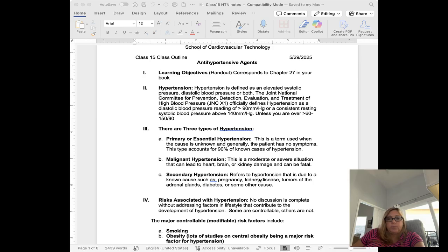Pregnancy: we do know blood volume increases during pregnancy, and we will see in some instances they develop what's called PIH, or pregnancy-induced hypertension. I think it can also go into preeclampsia. Preeclampsia is a high risk of preterm birth.